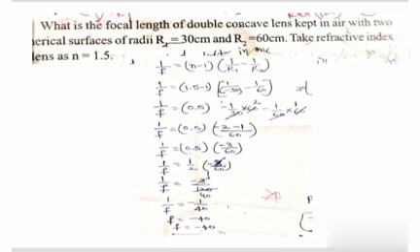So here we have to find the focal length of a double concave lens kept in air, with radii R1 equal to 30 centimeters and R2 equal to 60 centimeters, and refractive index n equal to 1.5.